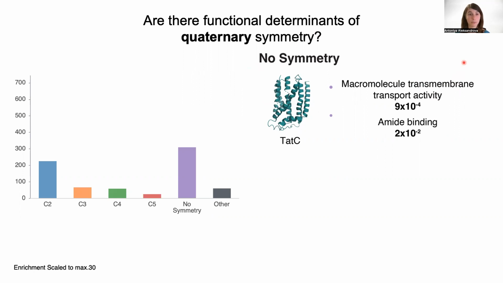These proteins tend to accommodate large substrates and might recruit and interact with other proteins in a dynamic fashion. The example shown here is of TatC, which is a part of a main pathway in thylakoid membranes for transporting folded proteins.